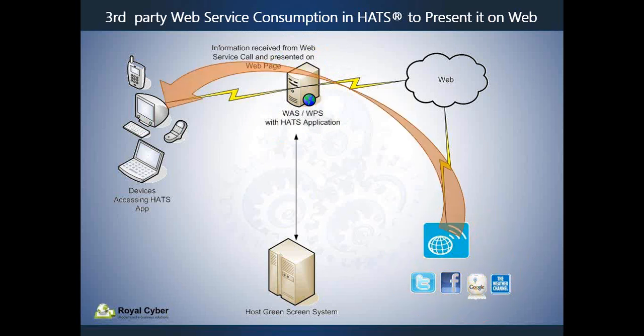The outer system services the call and replies with the data or XML. This data is received by the HATS application and is presented on the web page in a specified format as defined in the HATS application's code. The HATS application does not impact the host green screen system, though the web service call may have been triggered on a host green screen situation.